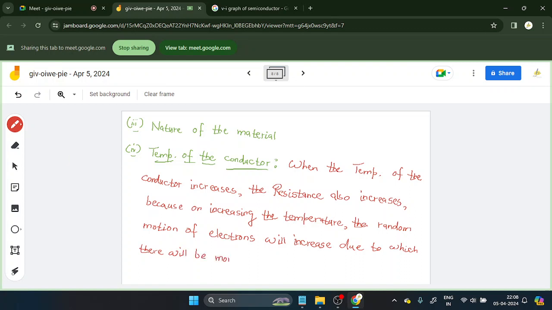Very important point. Due to which there will be more collisions.